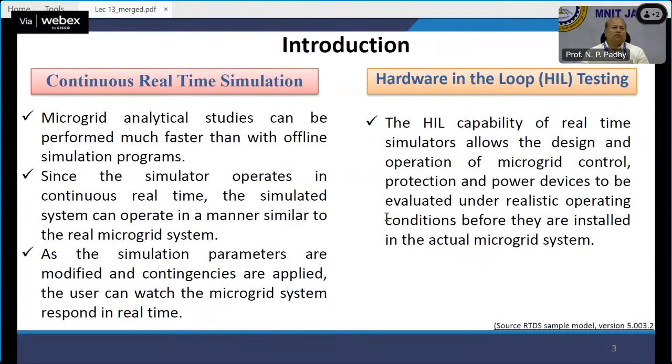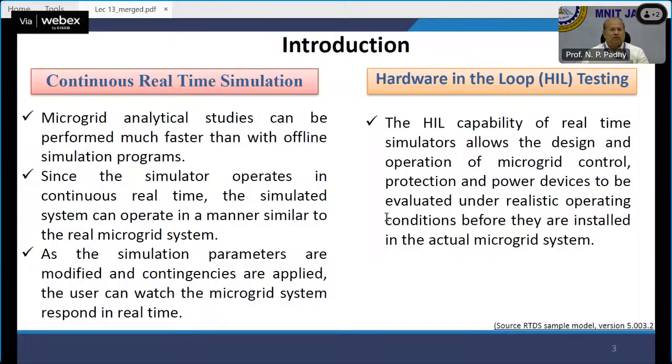In the case of continuous real-time simulation, microgrid analytical studies can be performed much faster than with offline simulation platforms. Since the simulator operates in continuous real time, the simulated system can operate in a manner similar to the real microgrid system. As the simulation parameters are modified and contingencies are applied, the user can watch the microgrid system respond in real time.